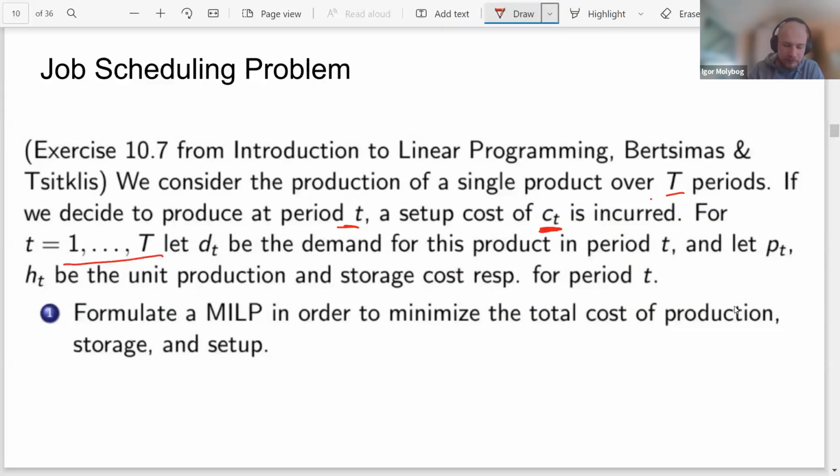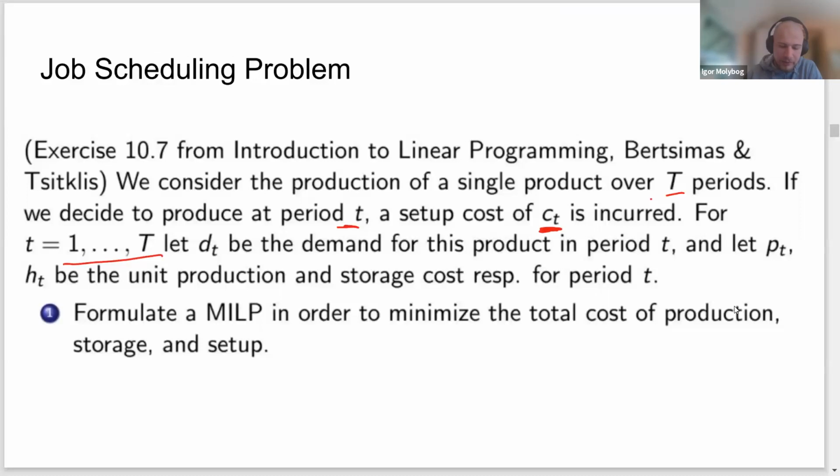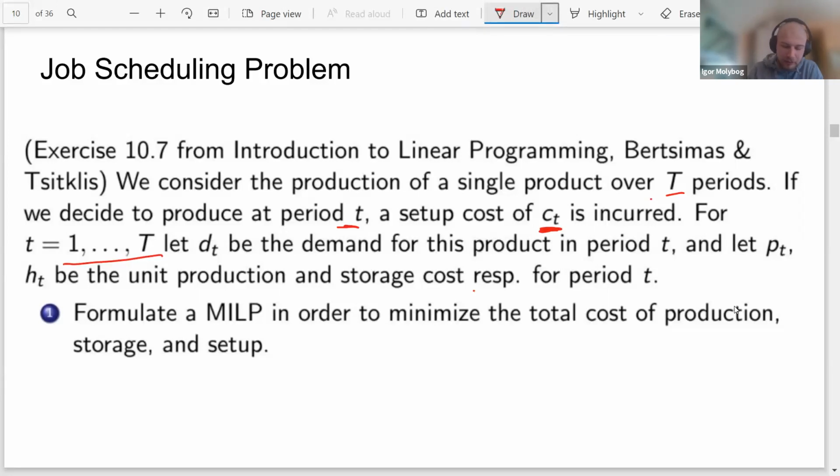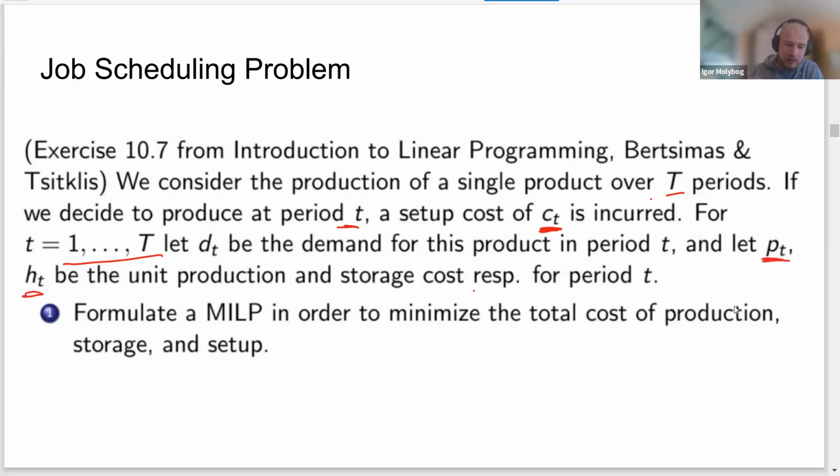For a finite horizon, let DT be the demand for the product in period T, and let PT and HT be the unit production and storage cost respectively for period T. So these two are scaled with the number of products being produced or stored in period T, and CT is the cost that is incurred no matter how much you produce. Just if you produce, you do suffer the loss.